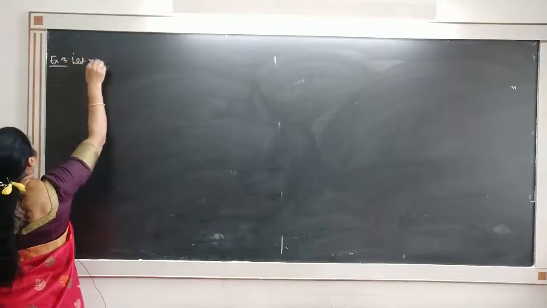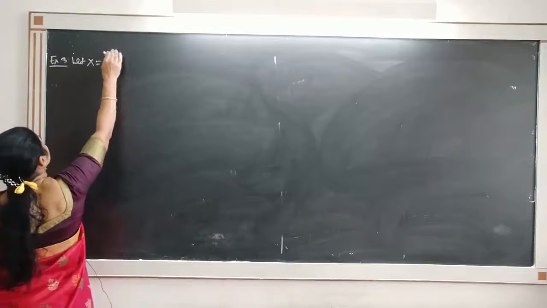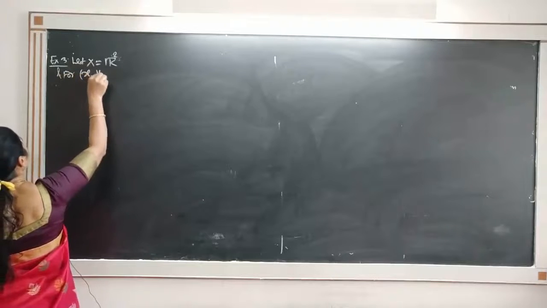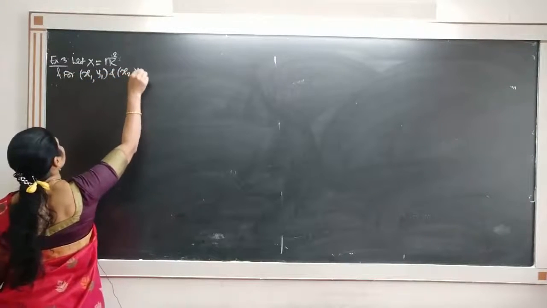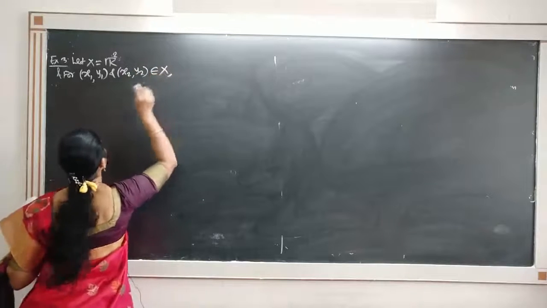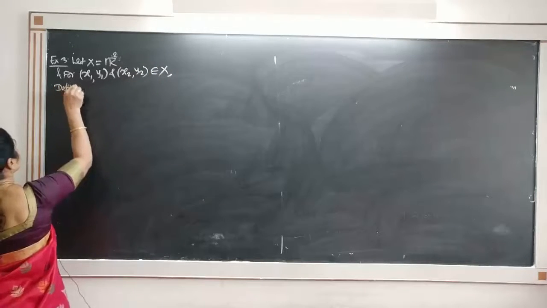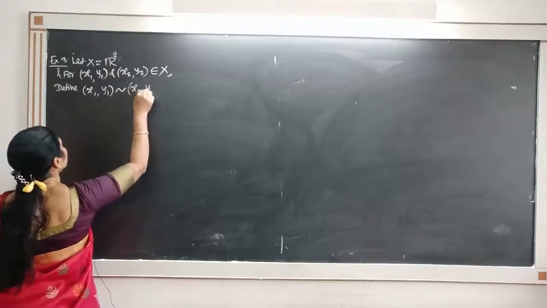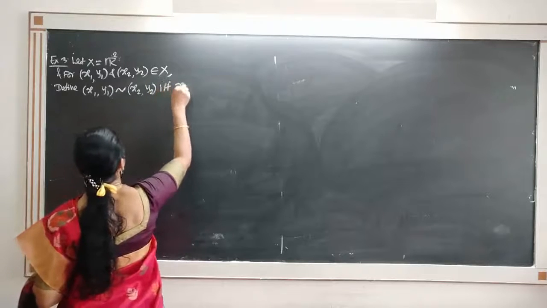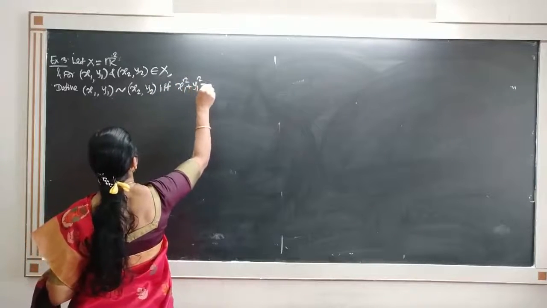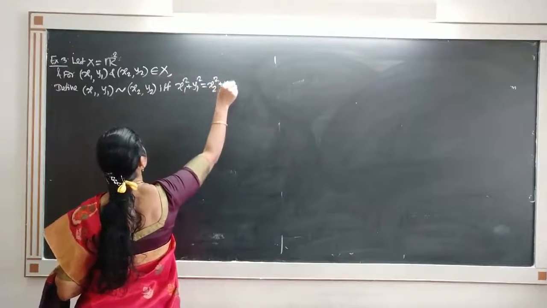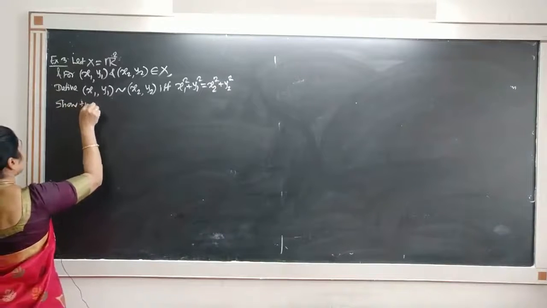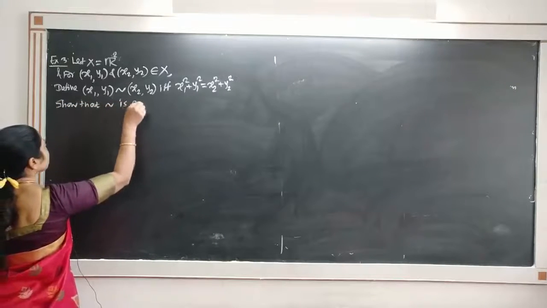Let X be equal to R2, and for (x1, y1) and (x2, y2) belonging to X, define a relation (x1, y1) is related with (x2, y2) if and only if x1 square plus y1 square is equal to x2 square plus y2 square. Show that the relation is an equivalence relation.